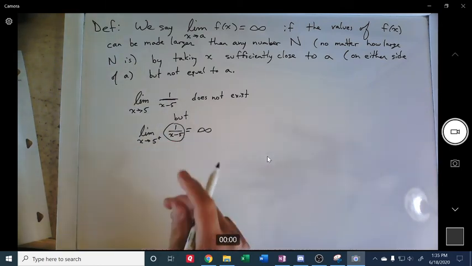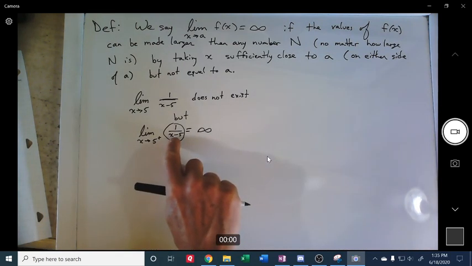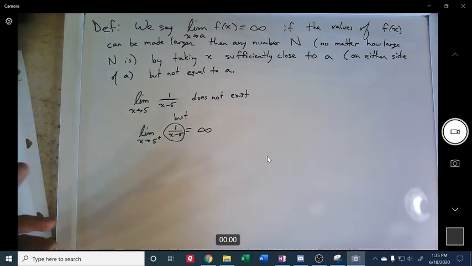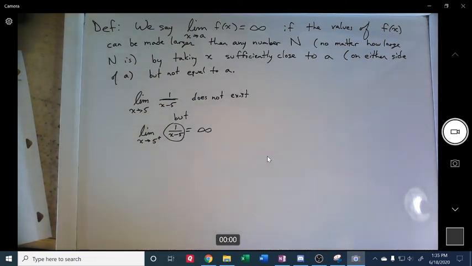So 5 plus 1/1,000,000th would give me 1/1,000,000th in the denominator. The reciprocal of that is 1,000,000. I can get bigger than 1,000,000 by just choosing x to be super close to 5. Any questions? All right.